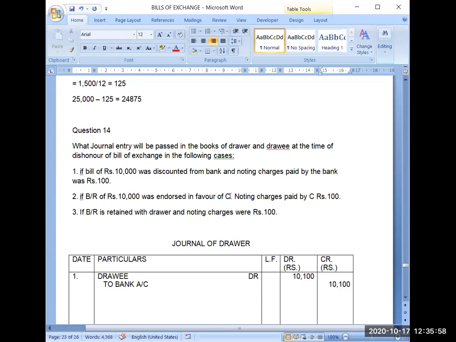But again, the question is that the bill has been dishonored. So now drawer and drawee, what entry they will record, you have to tell that entry. Bill is lying with C, so C has the liability to present the bill.